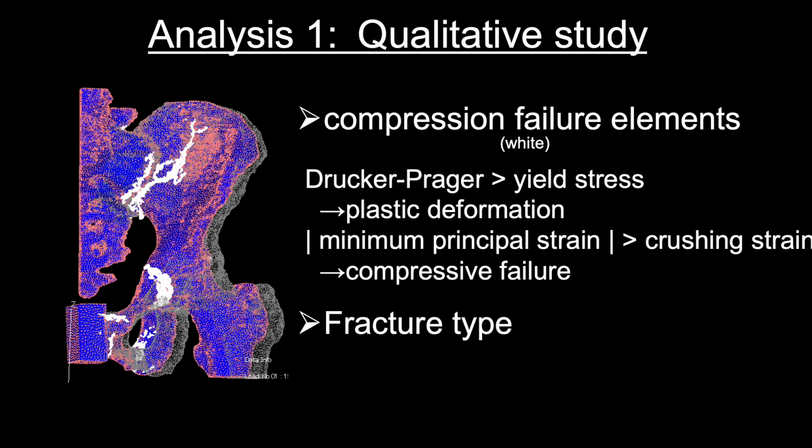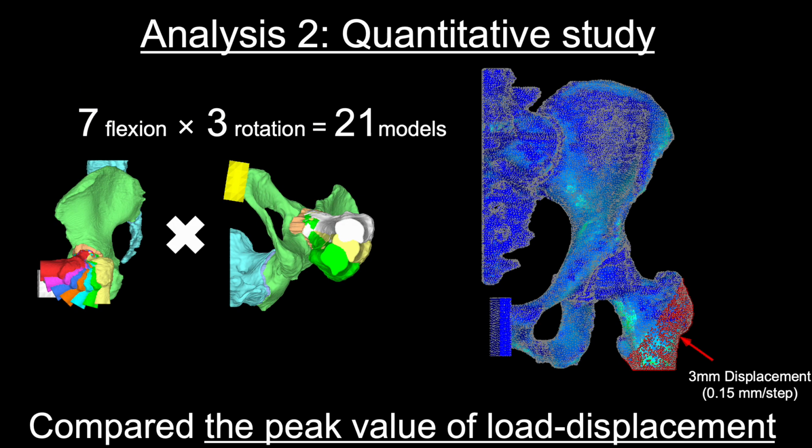First, as a qualitative study, we compared the distribution of compression failure elements and fracture images. Second, as a quantitative analysis of iliac fractures, we performed a force displacement analysis through the hip joint. We created 21 models, including 7 types of flexion and 3 types of rotation, and then applied a 3 mm force displacement axially along the femoral neck.